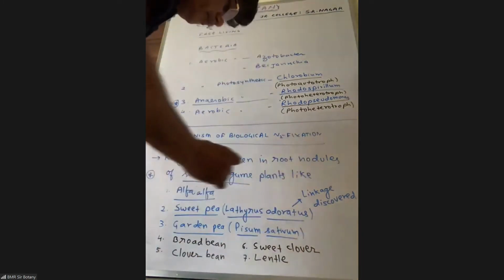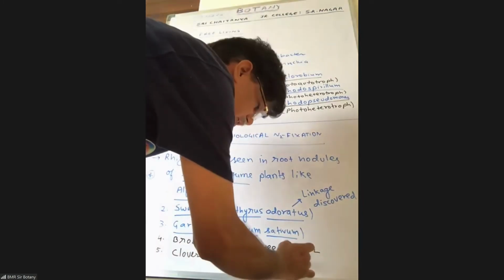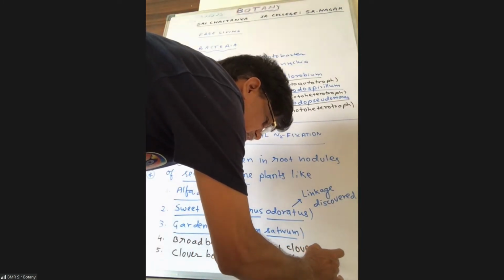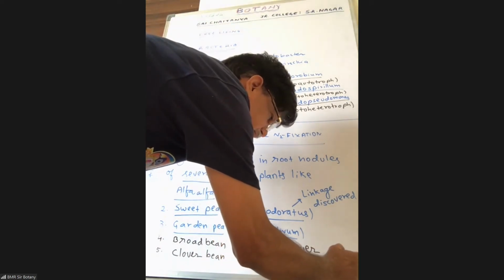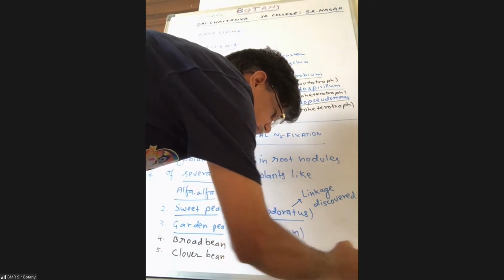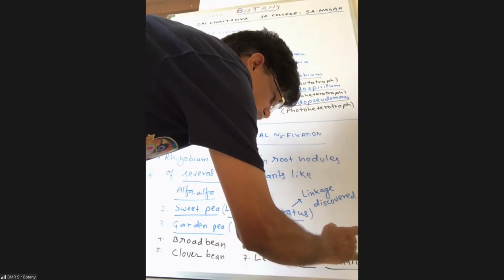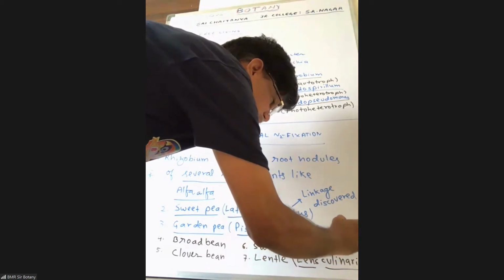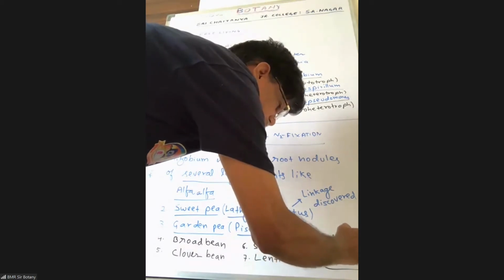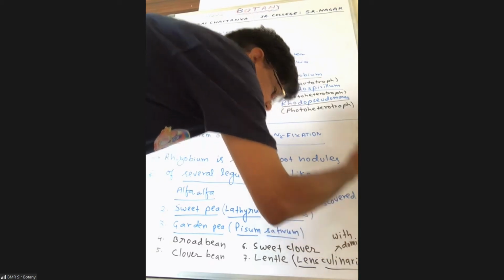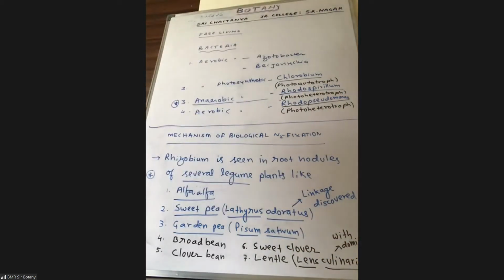Lentil you are going to come across again in genetics, so better write the scientific name: Lens culinaris. This is with codominance. In genetics you are going to come across it with codominance. So for that the scientific name is necessary.